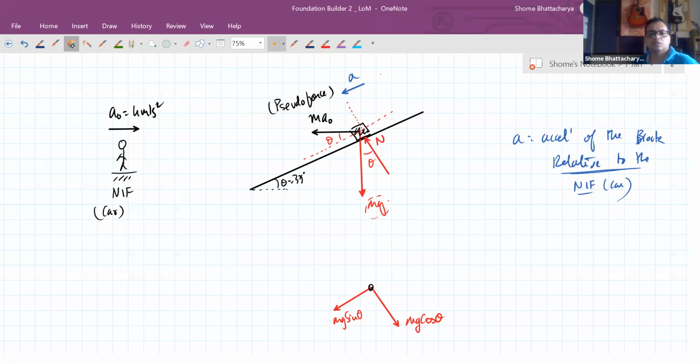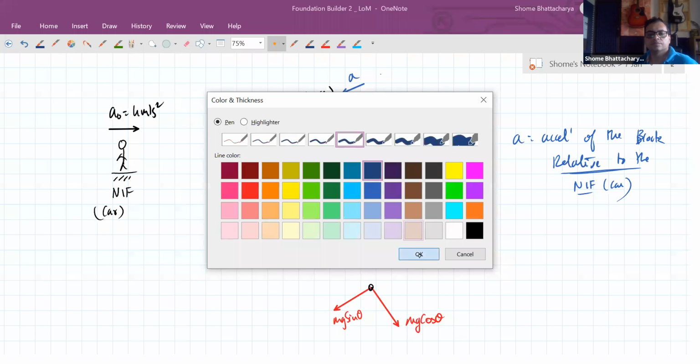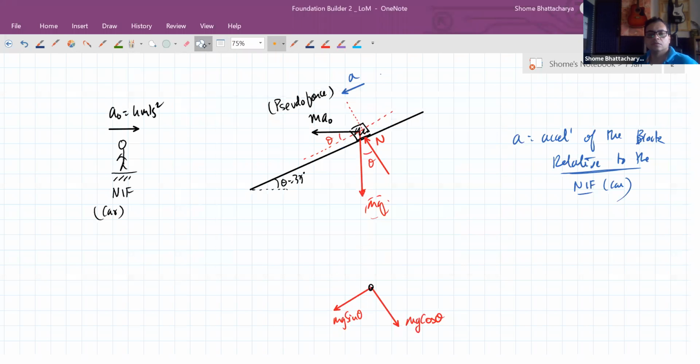Then let's come to the components of pseudo force. So this pseudo force will have a component down the inclined plane, a component normal to the inclined plane. So these are covered now. And then of course there's a normal reaction.